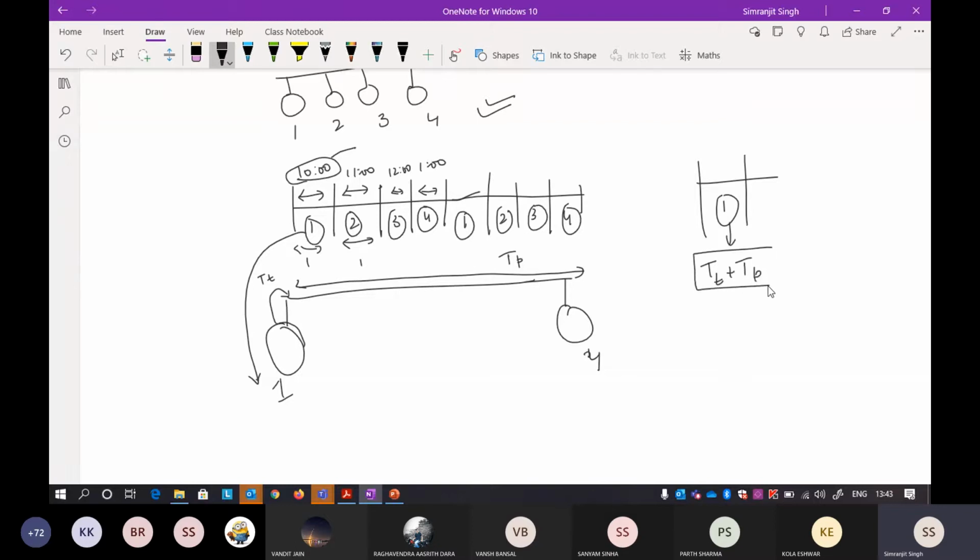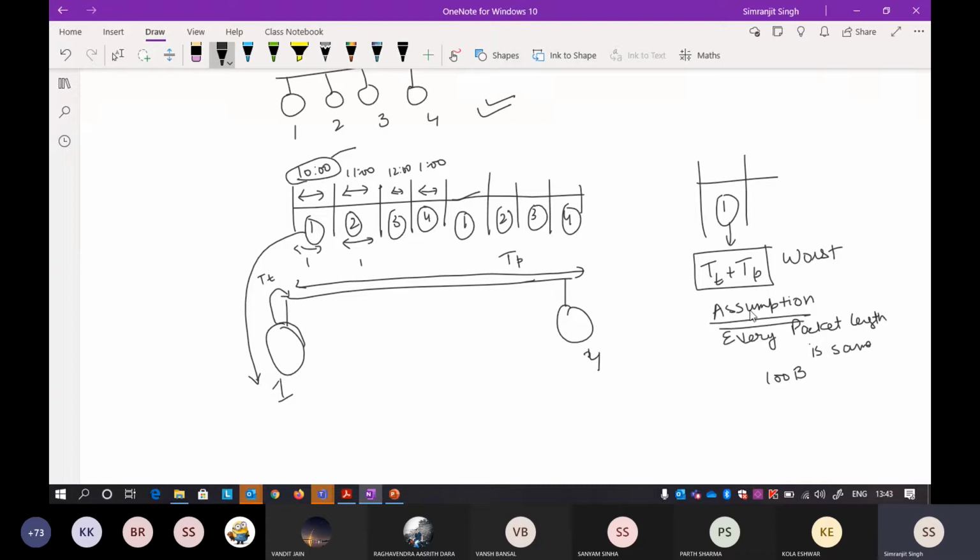I'm talking about the worst case, and there is an assumption that every packet is the same. Every packet is a unit packet, every packet length is the same. Same means if the packet is 100 bytes, in every station it is 100 bytes.